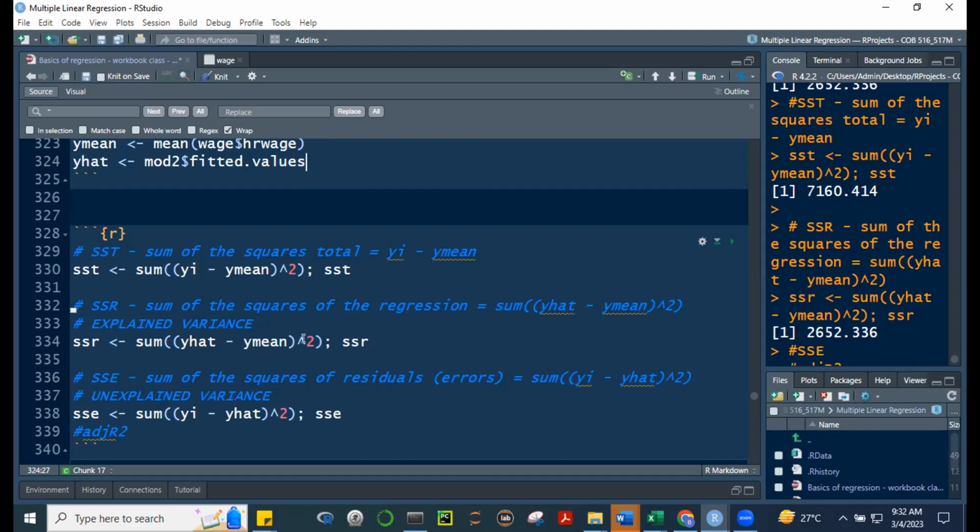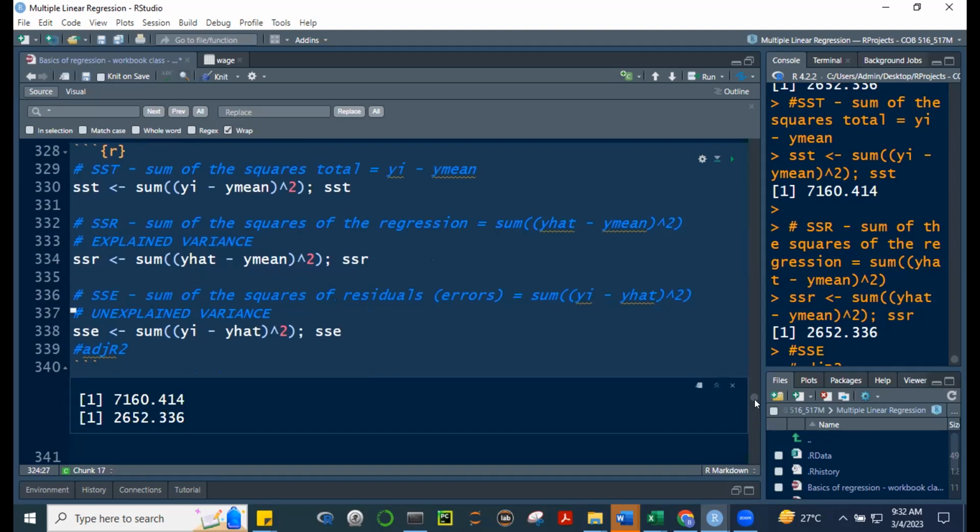We're using y hat. So let's get the difference between the average and the predicted value, and then square it, and then get the sum. All right. And what we get is the sum of your squares regression, or that's your sum of the squares explained. So we were able to explain 2652 out of the 7160 variance. Okay, measure of variance, we were able to explain 2652.